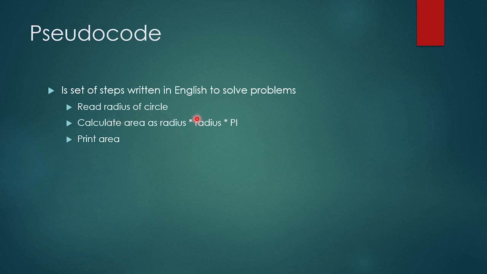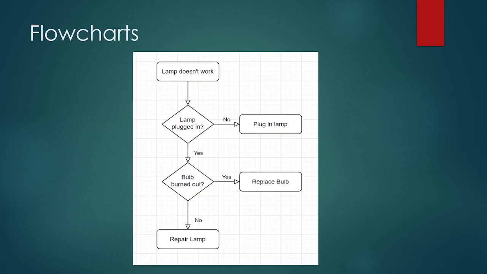We did it by reading the radius of a circle, calculating the area as radius times pi, and finally printing the area. And that allowed us to calculate the area of a circle. Well, writing it down in English is the idea of pseudocode, getting your ideas of what you have to do down. Another way of getting your ideas down is to show it diagrammatically as a flowchart.